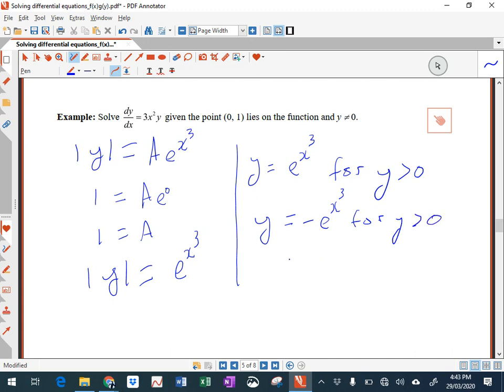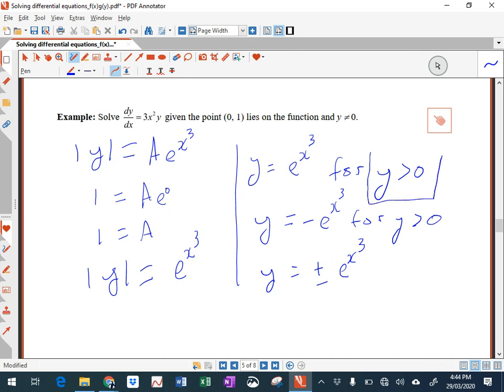Now, if that's twisting your brain up, think about it like this. Remember, with absolute value, you've got a plus or minus case. So you could just think of this as plus or minus. Just think about it like that if that's the easiest.